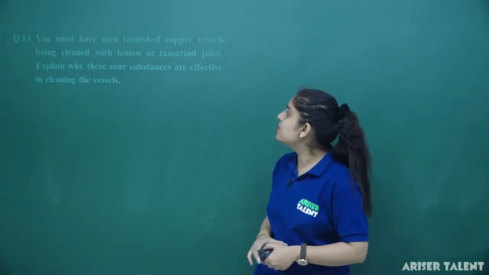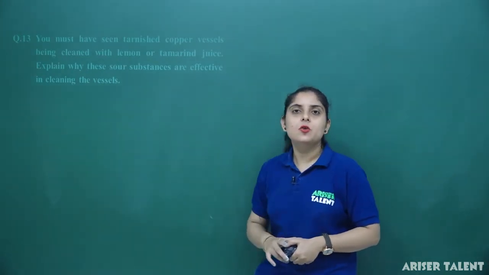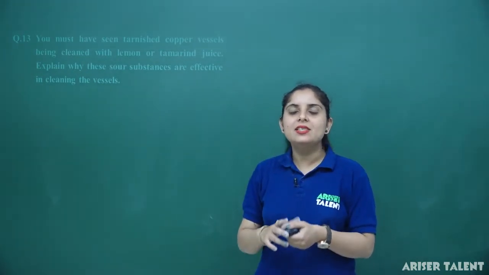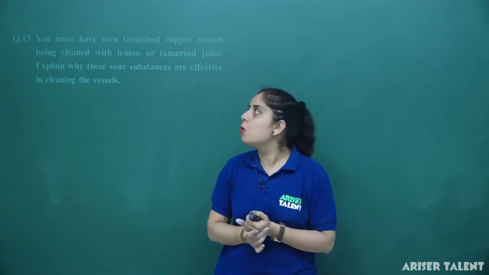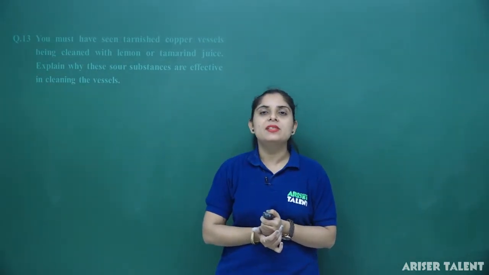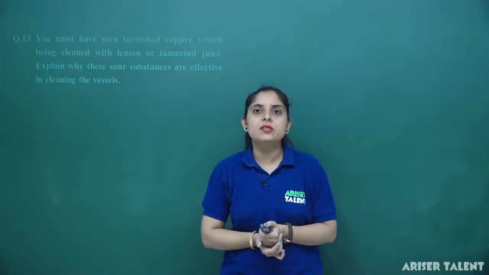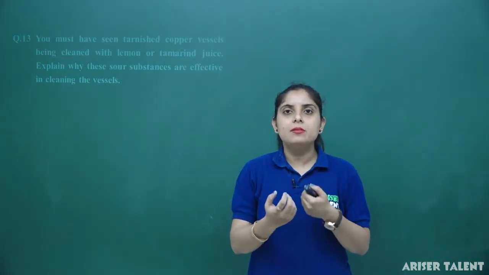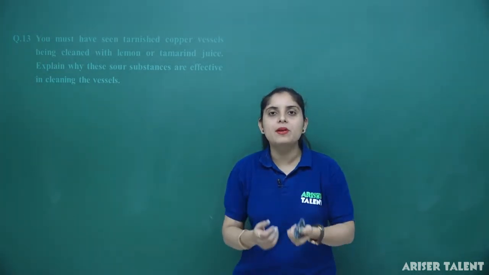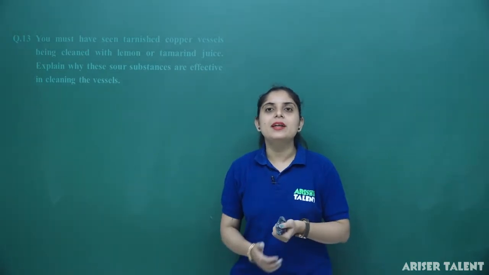Explain why these substances are effective in cleaning the vessels. So, a very interesting question. This is a general activity you have observed in your house, that whenever copper vessels get tarnished, you use lemon to rub it, so the shining of the copper reappears very quickly. So why is it happening so?